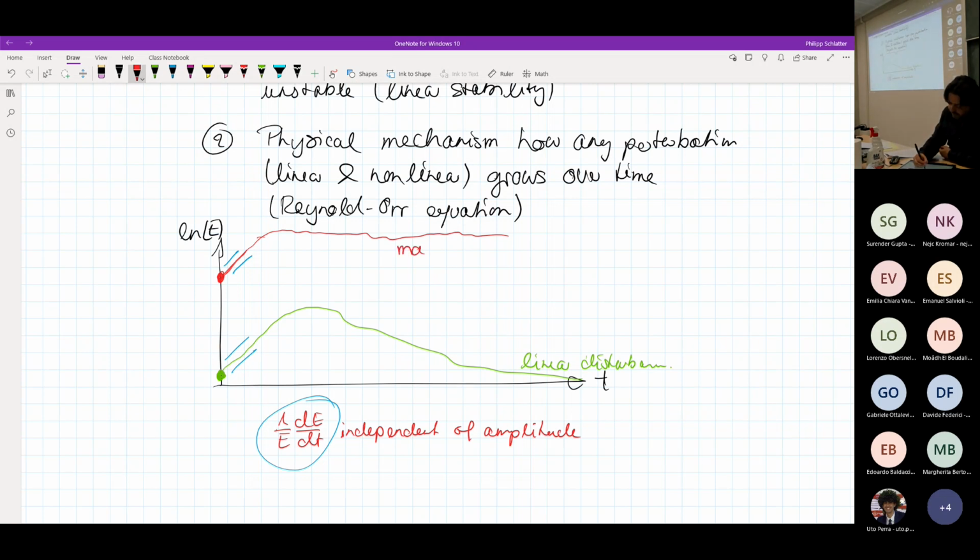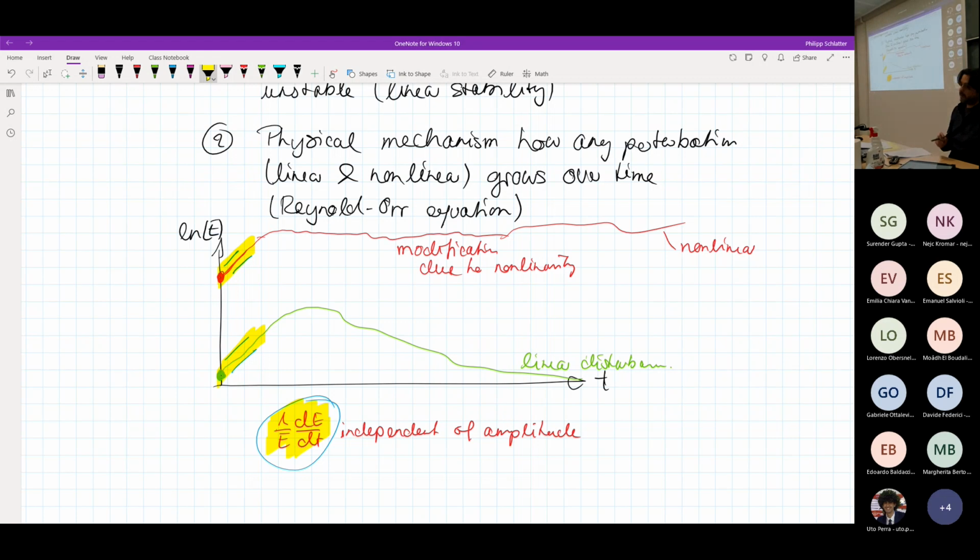So later on I get a modification due to nonlinearity, and I will end up with something that may not decay because I have a nonlinear interaction. But this is actually not the point here. What I'm talking about here is just this initial growth, which is independent of the amplitude of the disturbance.